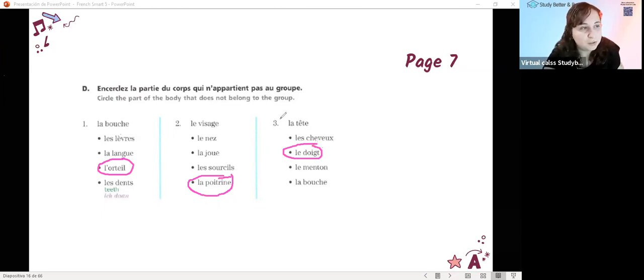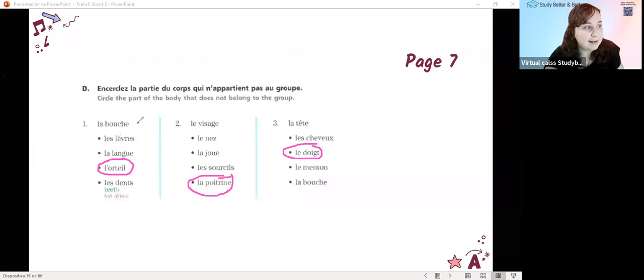They all belong to the head. But les doigts, we don't have fingers in our head, right? So again, revision from what we just came to see, and for the new ones that just joined here, remember the articles we need to pronounce them very differently when it's plural or singular.